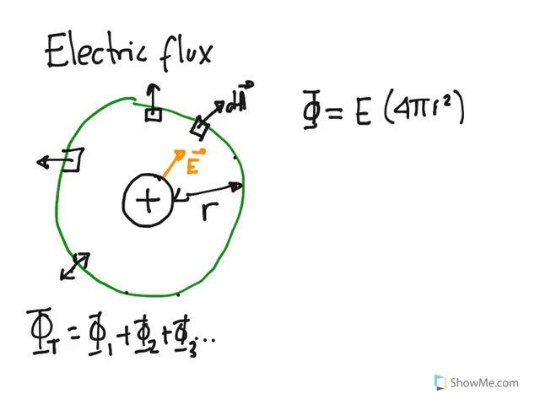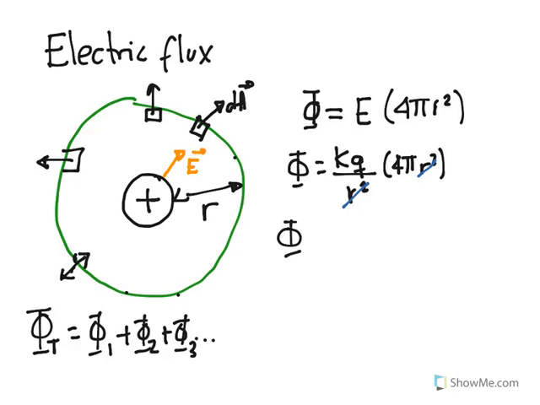This is then the electric flux. Since the electric field we already know for this particle is kq over r squared, times 4 pi r squared, the r squared cancels, and this will be kq times 4 pi.